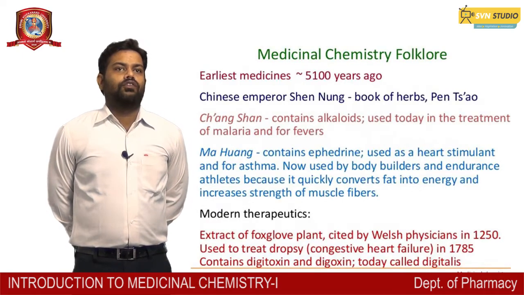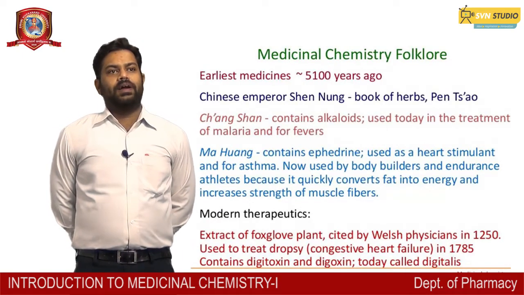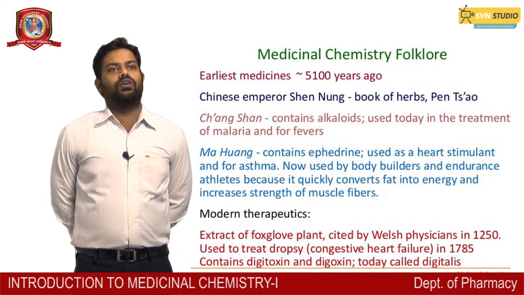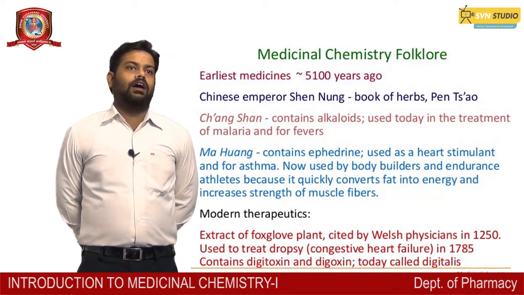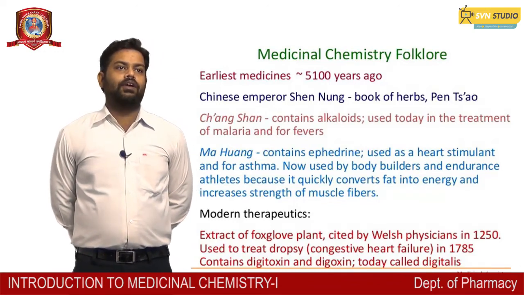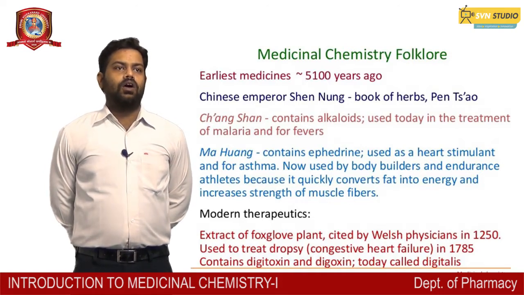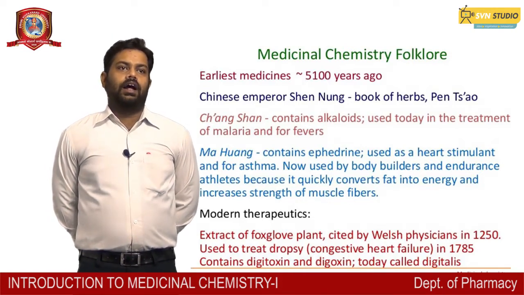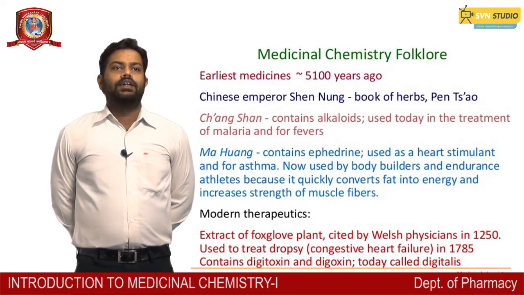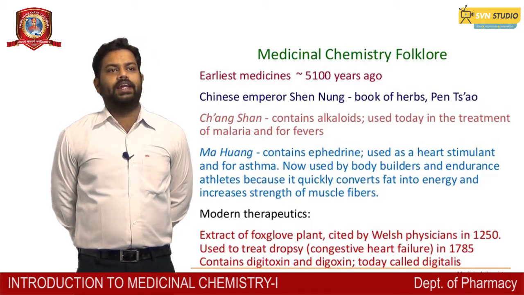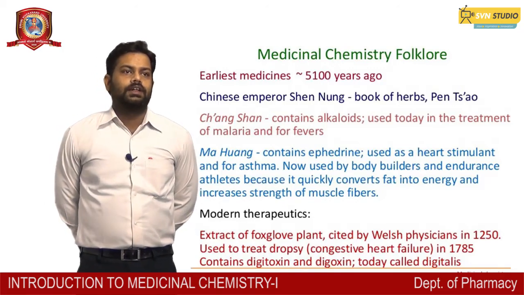Medicinal chemistry folklore: the earliest medicine dates back 5,100 years, when the Chinese Emperor Shennong wrote a book, Pen Tsao Ching, containing alkaloids used today in the treatment of malaria and for fevers.